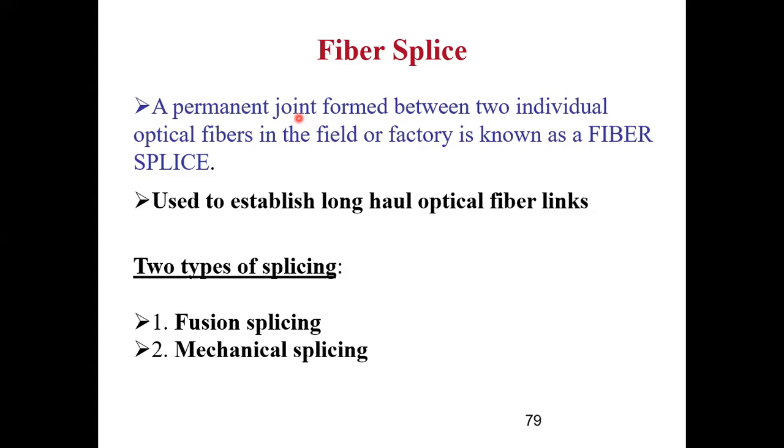Yes, I can remove that clip and all those arrangements. But remember, when I talk about splicing, I call it a permanent joint, because my fiber does not end here. If it is a connector, then I put a connector over here, then I have another connector over here. When I talk about connectors, you might have used various connectors. There is a concept of male and female mating when I'm using a connector in any particular device.